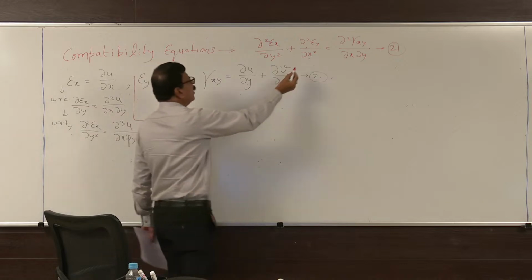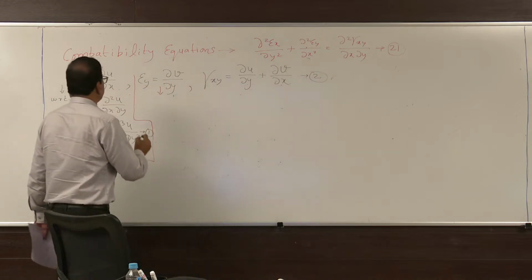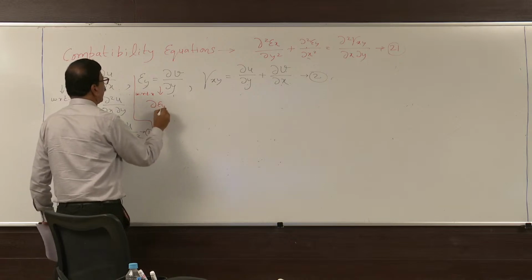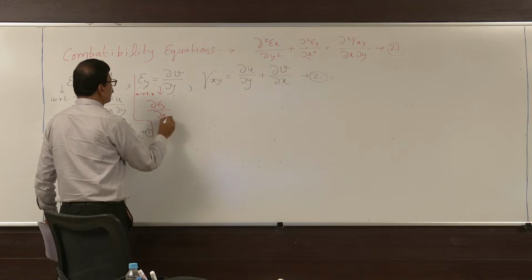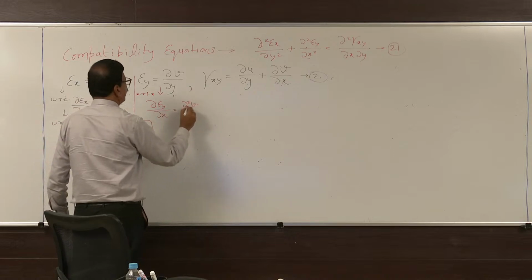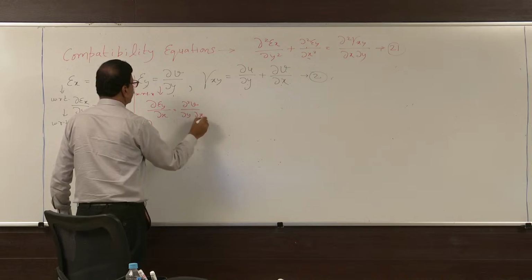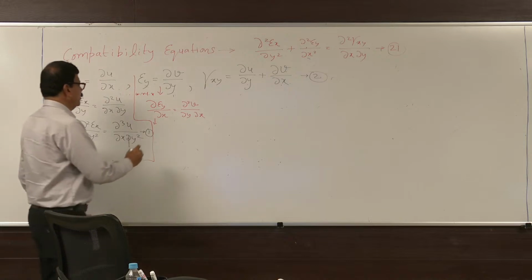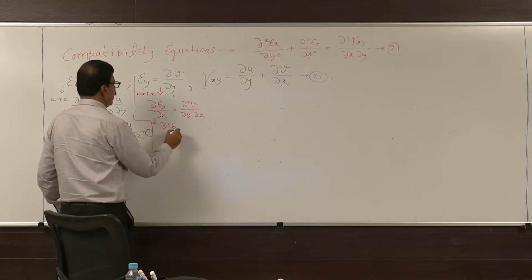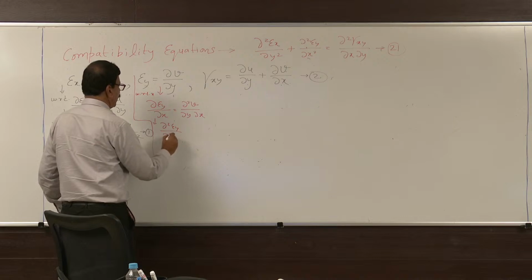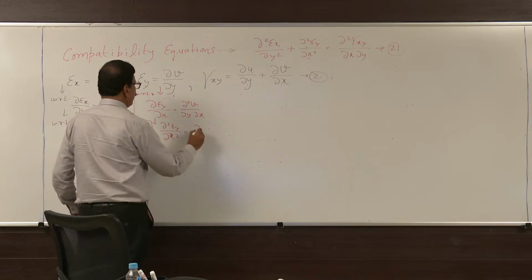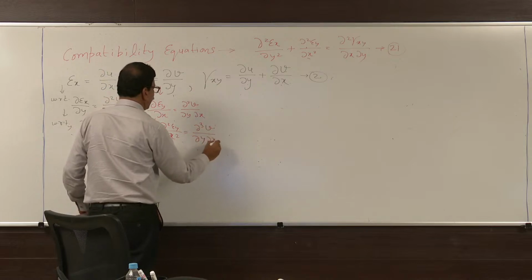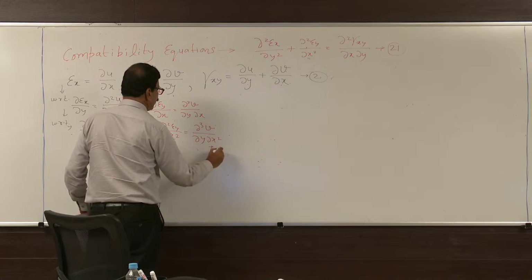Here we require the x. Del Ey upon del x is equal to del square v upon del y del x. Again, because we want the del square Ey, del square Ey upon del x square is equal to del cube v upon del y del x square. Say this is 2.